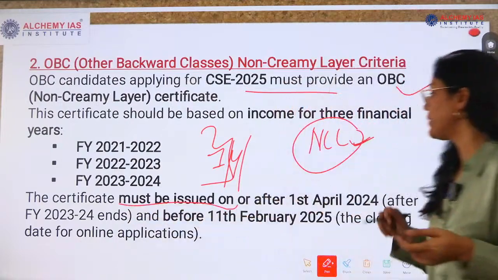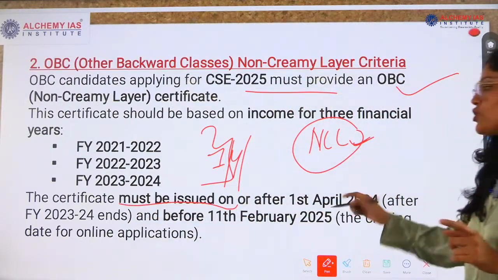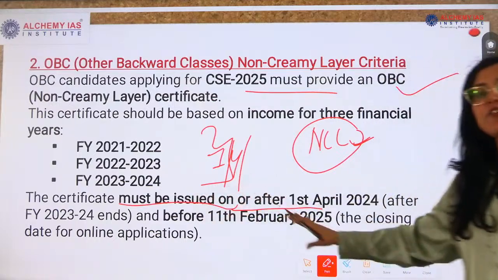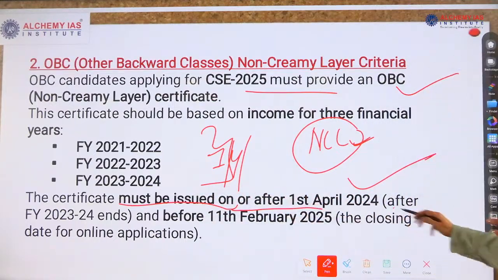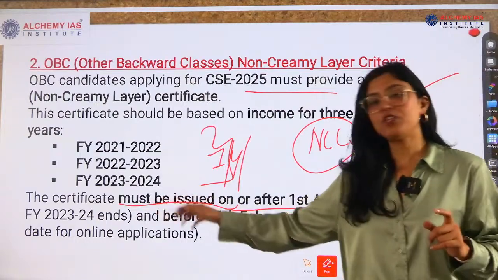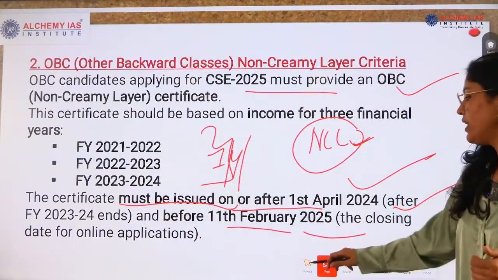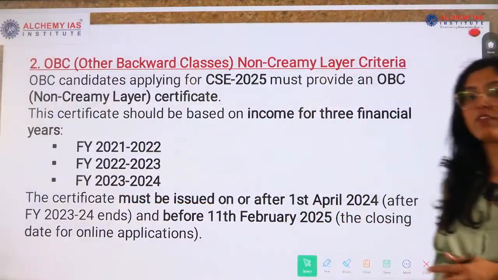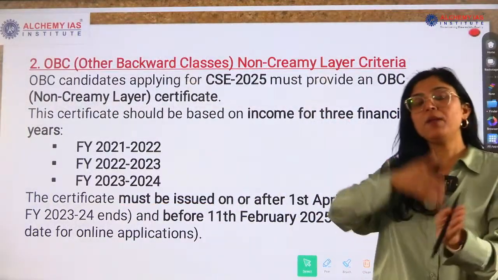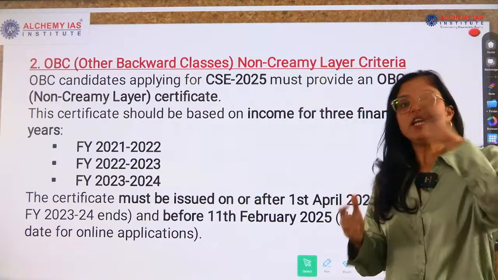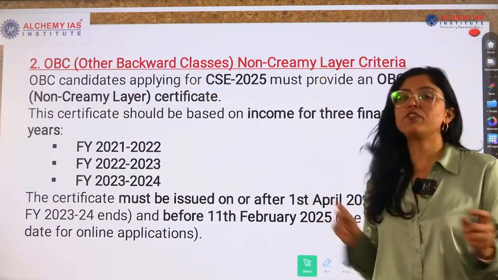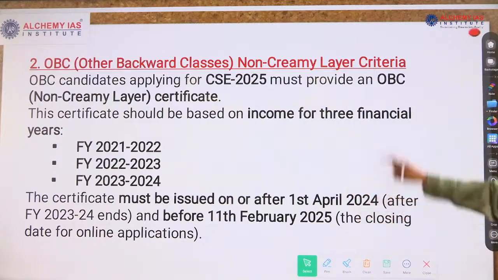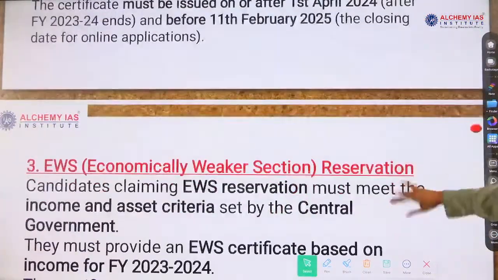So, this must be issued. Now, the issue of this certificate is to be on or after 1st April 2024, after 2023-2024 ends, and before 11th February 2025. So, it should be issued on or after 1st April 2024 and before 11th February 2025. Then only the OBC certificate will be accepted.